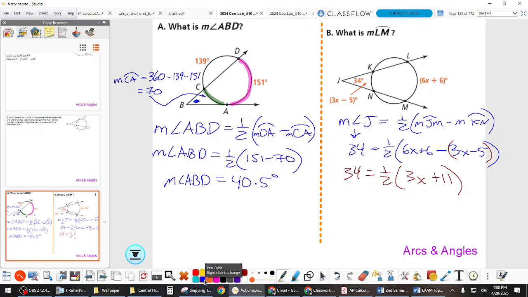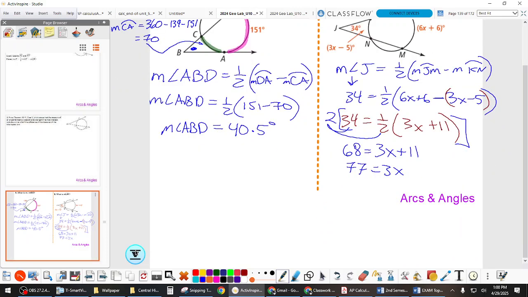Yeah, or you could distribute the half, but then you end up with some weird numbers, so it's probably easier to multiply by 2. That distributes to the 1/2 and cancels it. So now we just have 3x plus 11. Then subtract your 11, you'll get 77, and divide by 3.